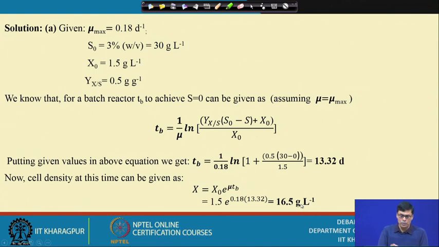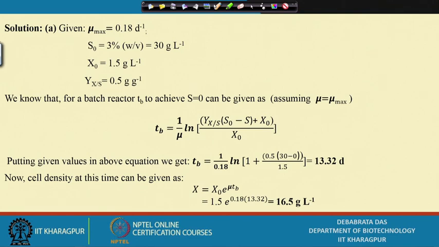Whenever we try to solve any kind of problem, first we have to write down what parameters are given. Here, mu max is given, S0 is given, X0 is given, and Y x by s is given. From the previous problem we already found that T batch equals 1 by mu, which we consider as mu max, times ln of Y x by s, S0 minus S plus X0, by X0.